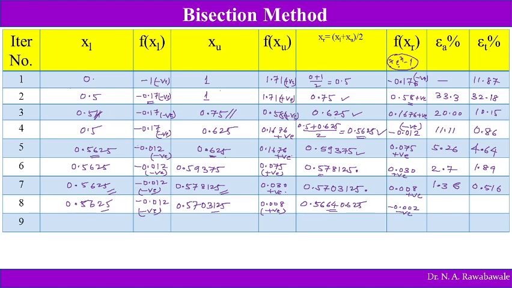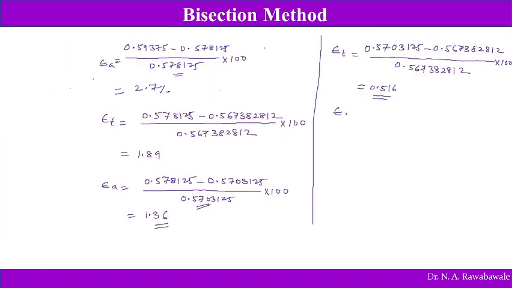Now taking the approximate error, this is old and this is revised. Approximate error is equal to 0.5703125 minus 0.56640625, whole divided by the revised approximation 0.56640625, into 100.